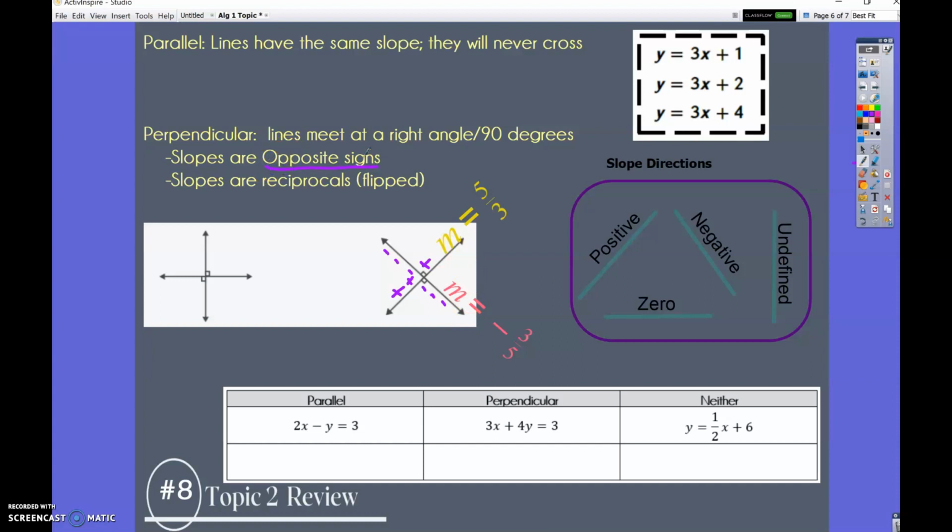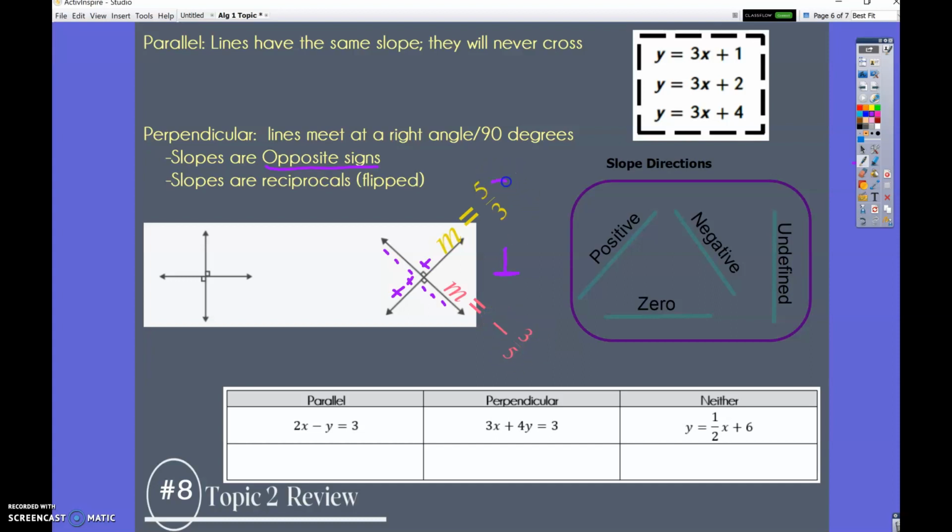Slopes also have a special relationship called a reciprocal or flipped relationship. Take, for example, these 2 lines here. If the slope of this positive line is 5/3, the perpendicular slope, which we sometimes note with this symbol, the upside down T, would have a slope that's negative, since the first one was positive, and notice that it's 3/5 now.